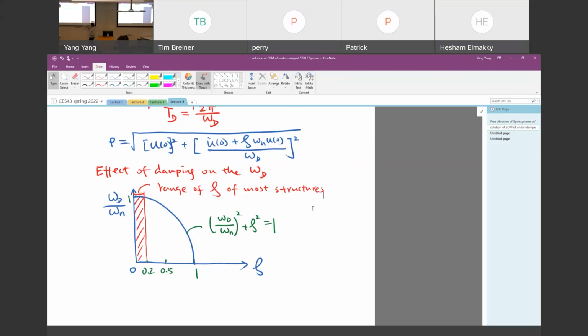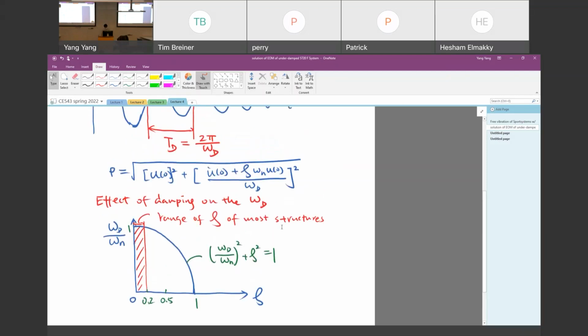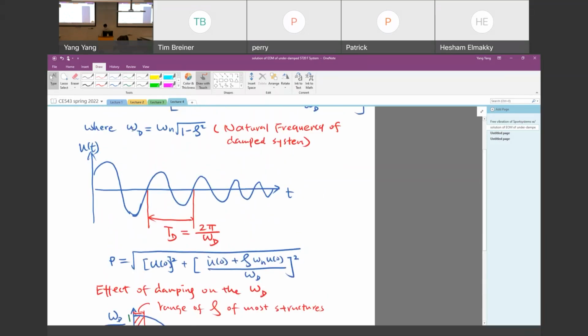Smaller, because omega d over omega n should be smaller than 1. You can also tell from the relation between omega d and omega n: omega d is equal to omega n times the square root of 1 minus the damping ratio squared. If you have damping, the natural frequency of the damped system will be a little bit smaller than the natural frequency of the undamped.